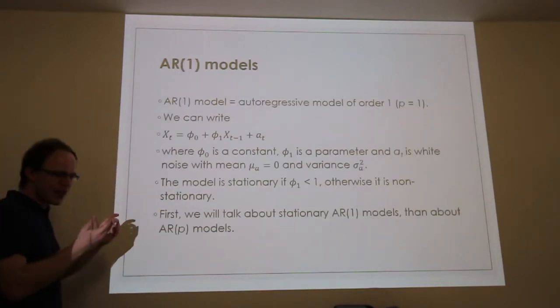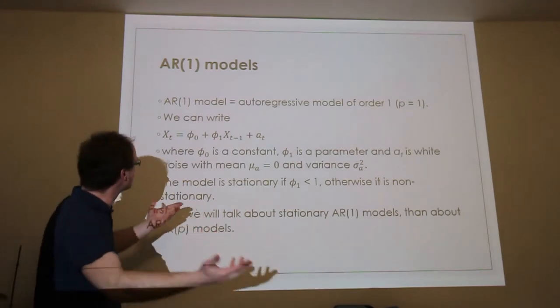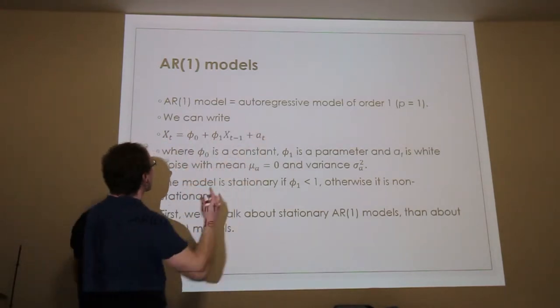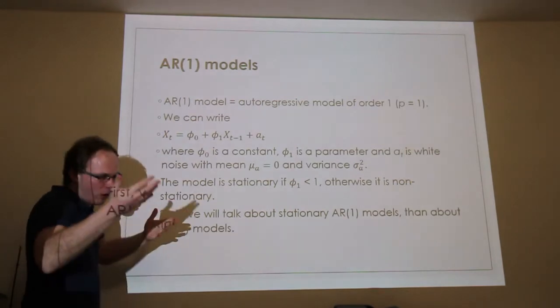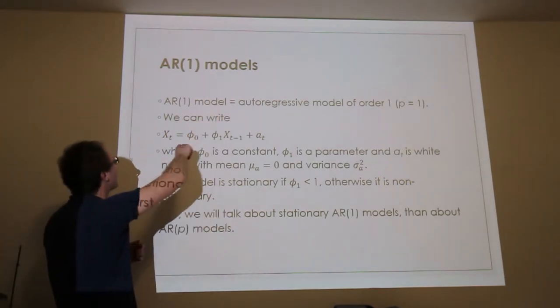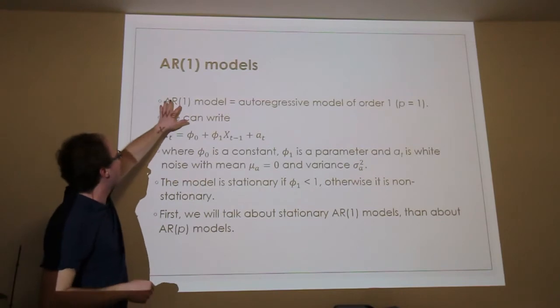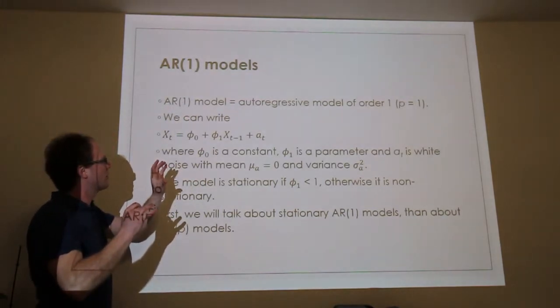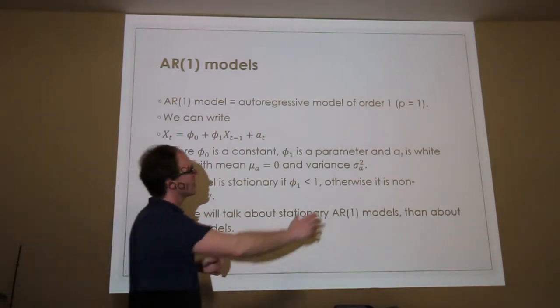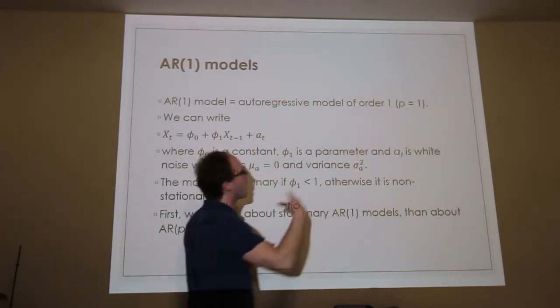So it's necessary to show you what the formula of an autoregressive process or autoregressive model looks like. In AR(p), the number is denoted by small p, and here p is equal to 1.